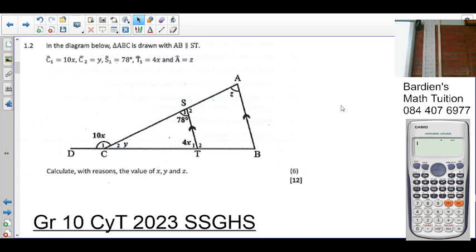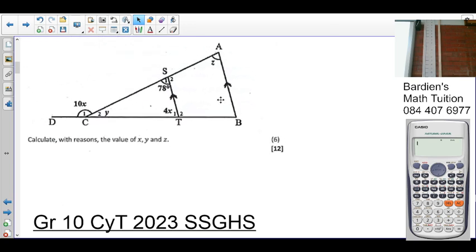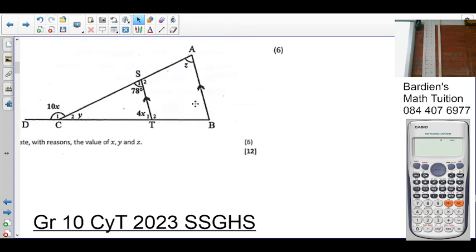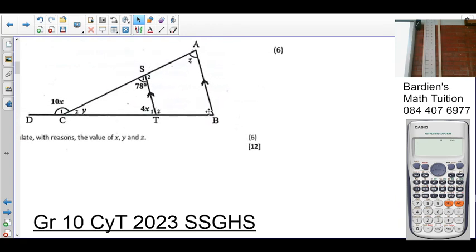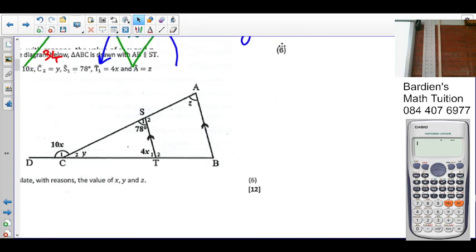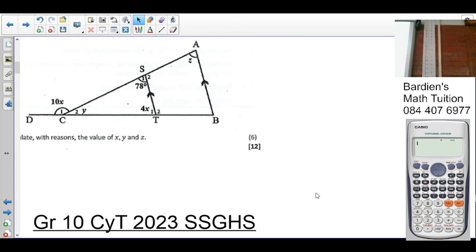Then we are told that angle C1 is 10x, C2 is Y, S1 is 78, T1 is 4x, and angle A is of course Z. The question says calculate with reason the values of X, Y, and Z.